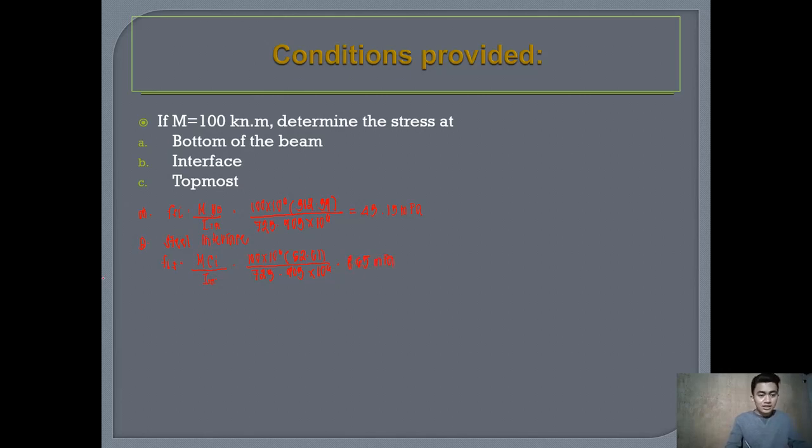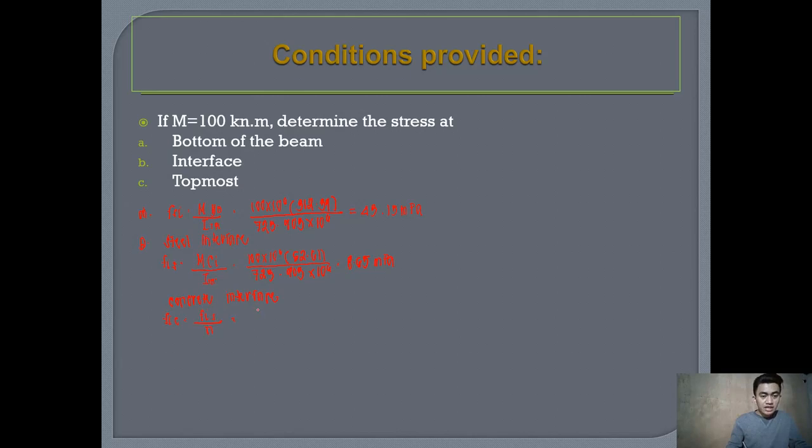Now, if we are going to compute for the concrete interface, let us denote this one as Fi sub C. That is just the steel interface, or Fi sub S, divided by the modular ratio.